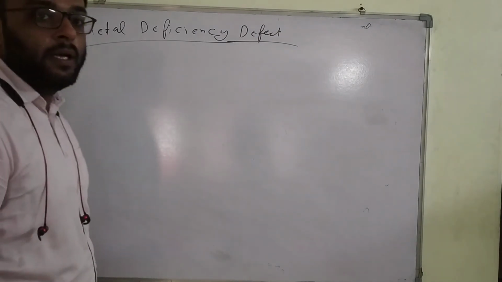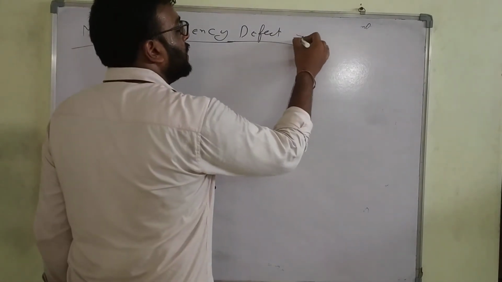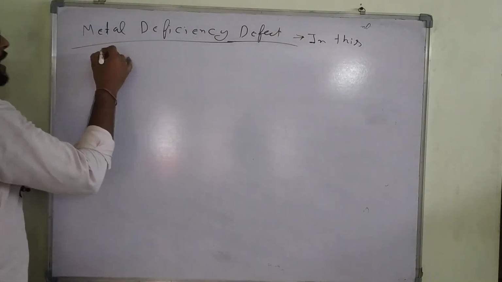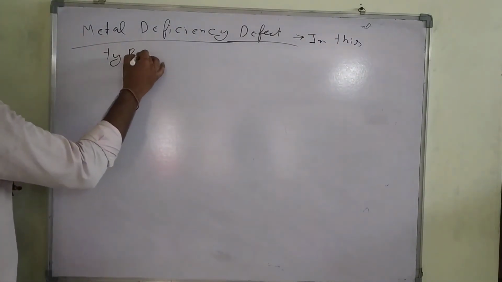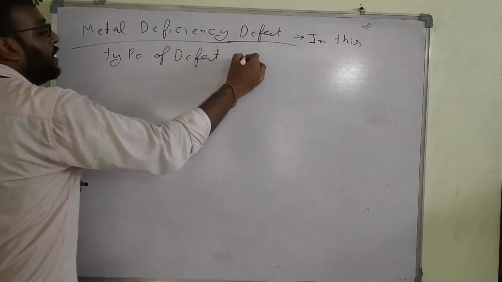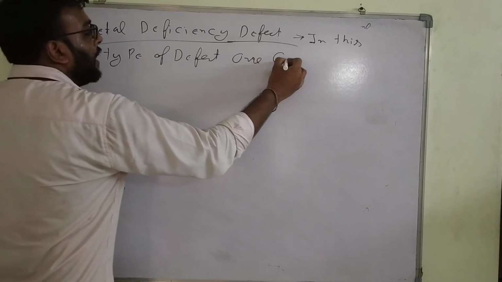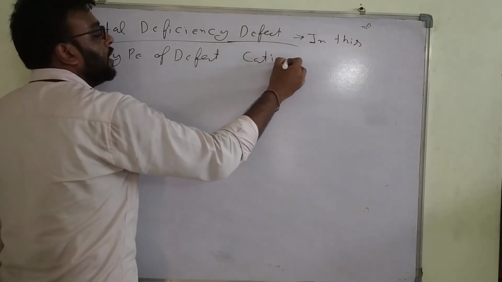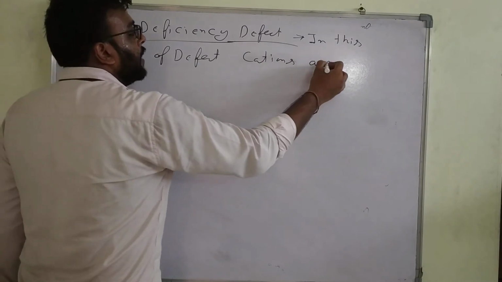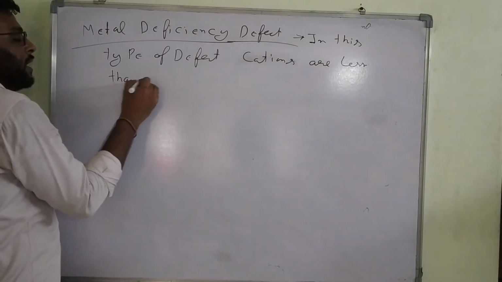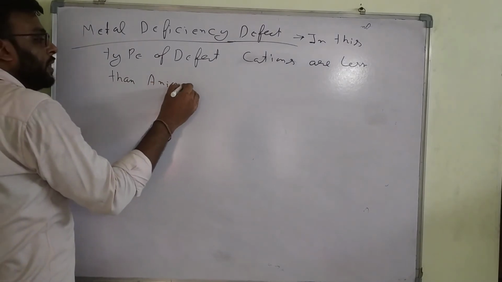What happens in this type of defect? In this type of defect, cations are less than anions.